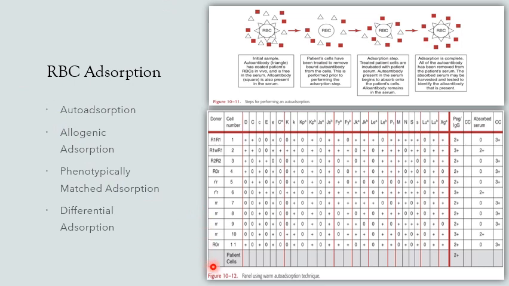In figure 10.12, in the column in the PAG-IgG panel, the reaction shows 2+ and 3+ reactions. And there is also a 2+ reaction in our autocontrol.